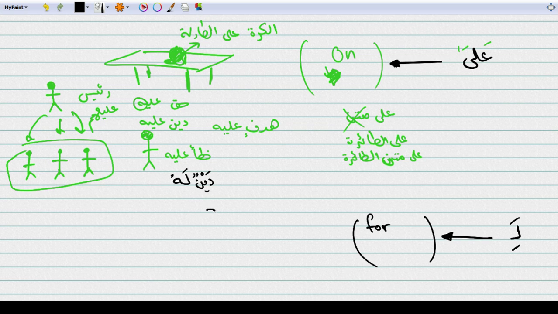Khata'un lahu. When you say khata'un lahu in a game, for example, that means that someone committed a foul against him, so he has the right now. So haqqun lahu, khata'un lahu. The same thing if you say hadafun lahu, it means that he scored that goal. In terms of boss and employee, you would say that they are employees for him.